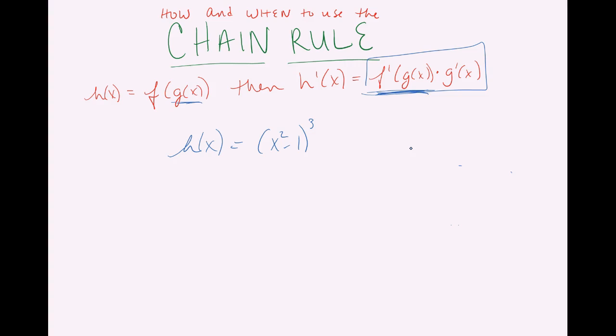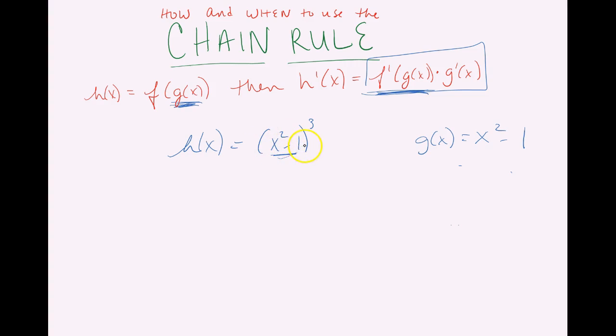But if you notice that we have a function that's been stuck inside of another one, and if you can identify that, oh man, this thing inside the parentheses is probably the function that was put inside, so that would be my g of x, then all you have to do is figure out what this was stuck inside. Like, what could this have been if all this junk wasn't there?